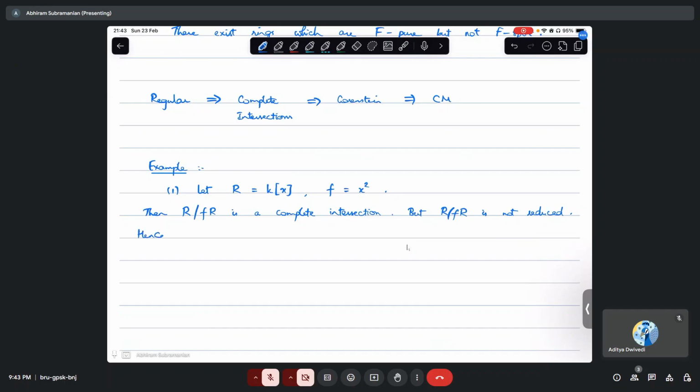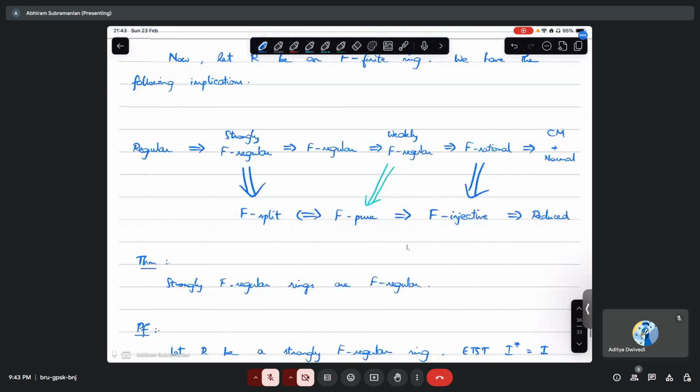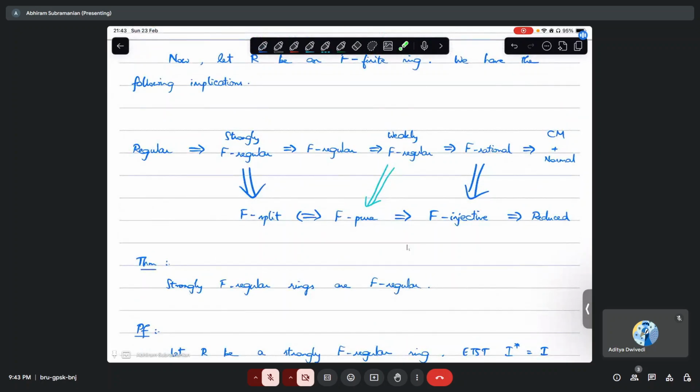Hence, R mod fR is not F anything. Fill in whatever you want, because if you look at this particular chain, all F singularities are reduced.